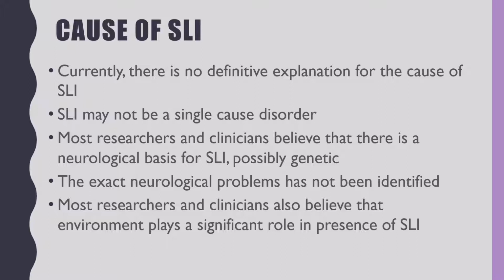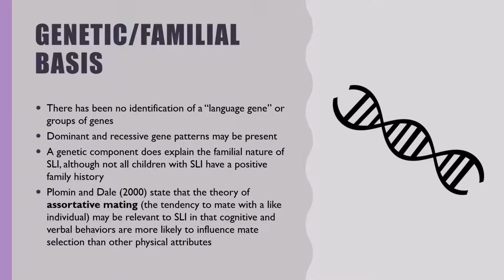But exactly no known cause has been identified. And there again, no identification of a language gene or a group of genes, but there is a familial nature, meaning that in a family's gene pool, when a certain set of genes comes together in one child, that child has specific language impairment. In other children, the genes may not come together in the same way, so that is why not every child will have it, just certain children.